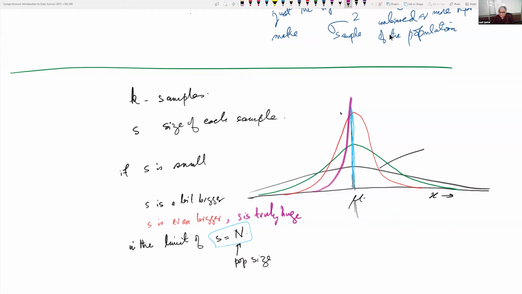Do you see, guys, what is happening? The bigger the sample size you take, the more peaked the individual mean values are. So if you pick reasonably big sample sizes, you can very quickly zero in on the right answer. If you take small sample sizes, it will take you far longer to zero in on the right answer.